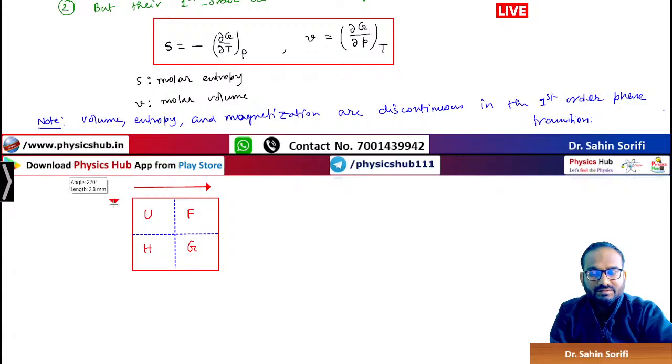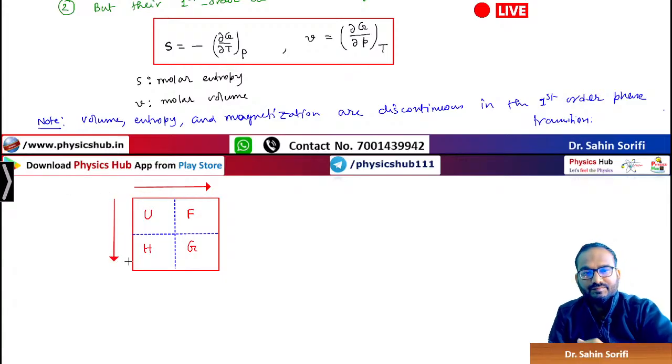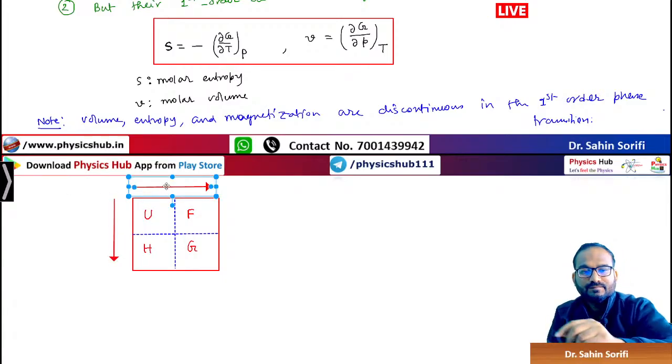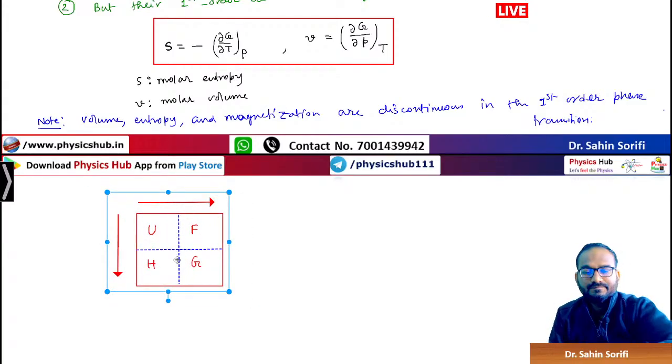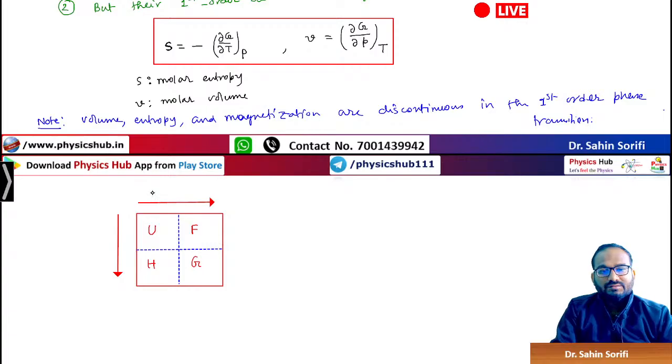Along this direction it is minus Ts, and in the downward direction we have plus PV.